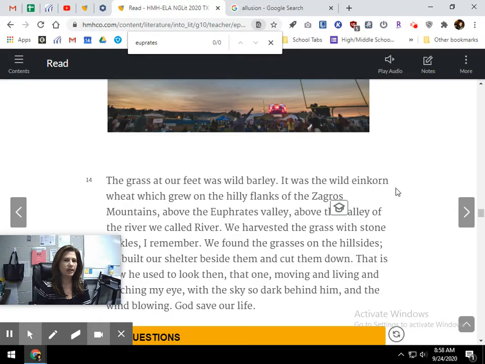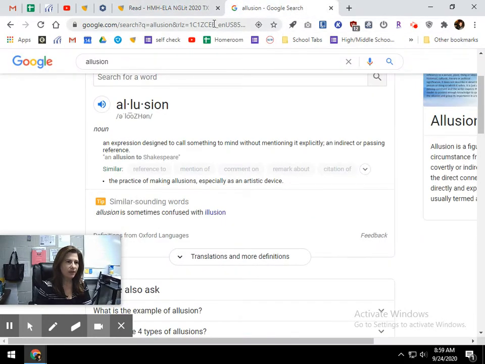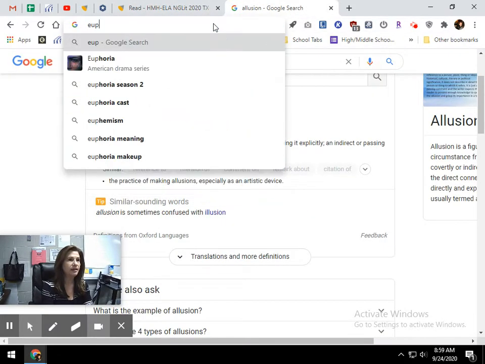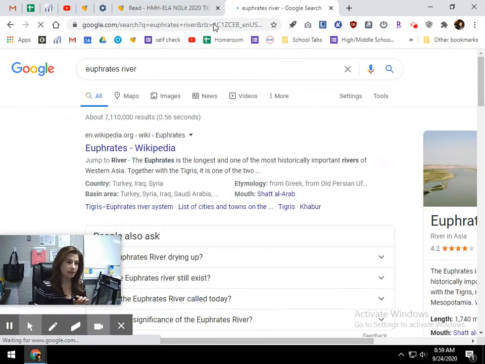It was the wild einkorn wheat, which grew on the hilly flanks of the Zagros Mountains above the Euphrates Valley. Now, she is in Washington State. Is the Euphrates Valley in Washington State? So I think you should know the author is assuming, and that was one of your questions yesterday, that you would already know that.